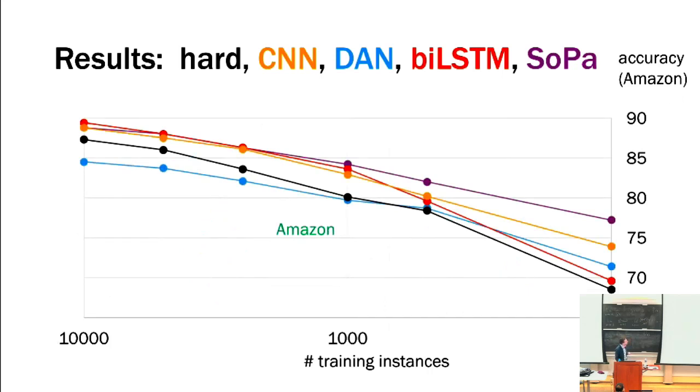When we take Amazon and reduce the amount of training data by orders of magnitude, SoPa holds up better. Here, the x-axis is the amount of training data. As I move to the right, I'm using less, and accuracy is the y-axis. So that purple bar is holding up much better as I move to the right, when I'm using as few as 100 training examples.